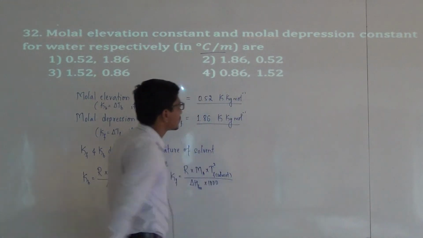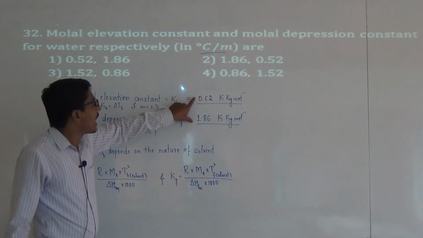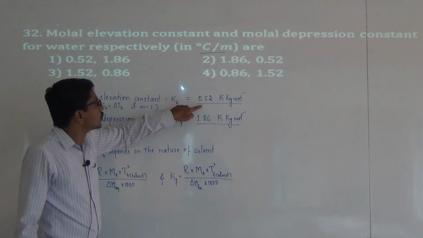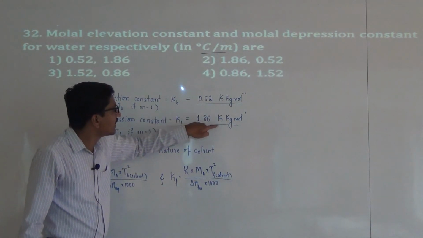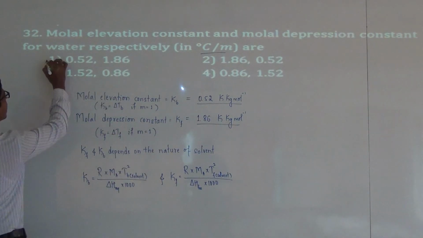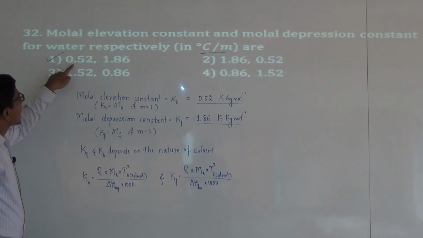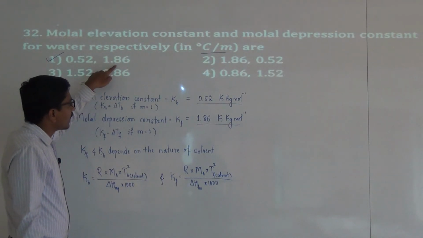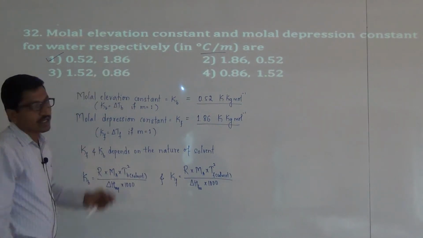These two values are constant, and you have to remember these two values. Kb and Kf values for water are respectively 0.52 Kelvin kg per mole and 1.86 Kelvin kg per mole. In these four options, the first one is the right one, because the molal elevation constant is first and its value is 0.52, and the molal depression constant value is second, that is 1.86.